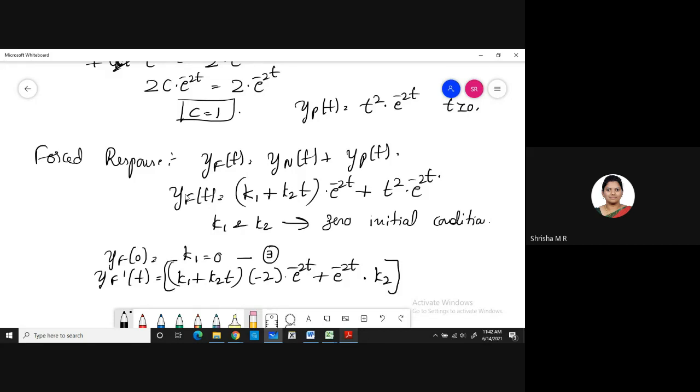And we have t square into e power minus 2t, that also you use product rule, plus you have t square into minus 2 into e power minus 2t plus e power minus 2t into 2t.